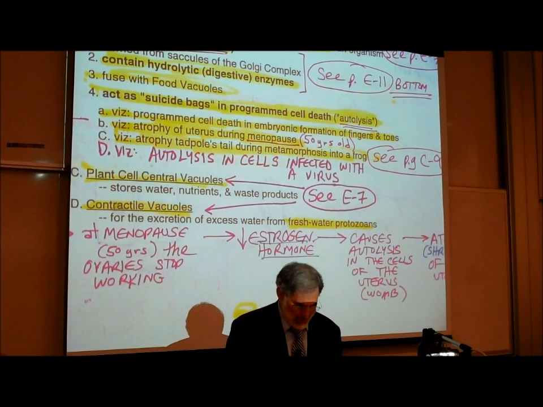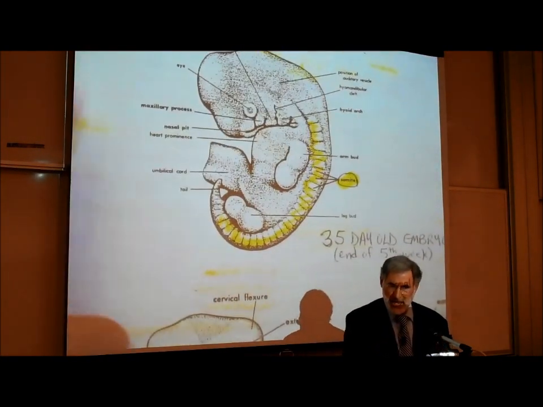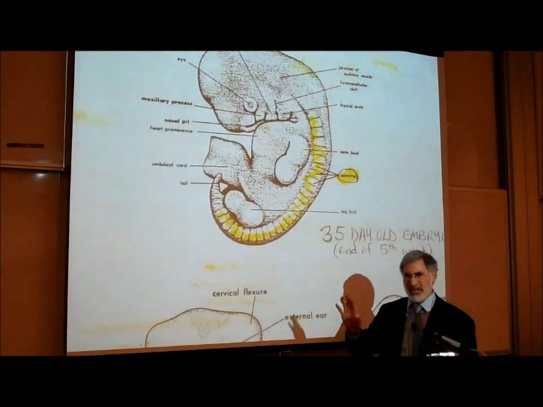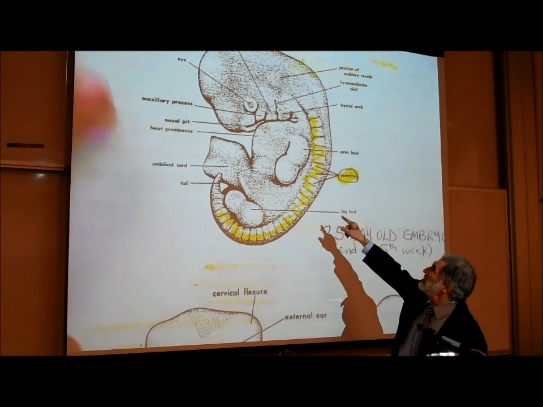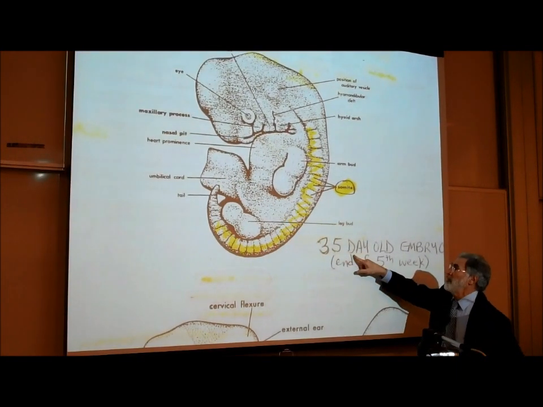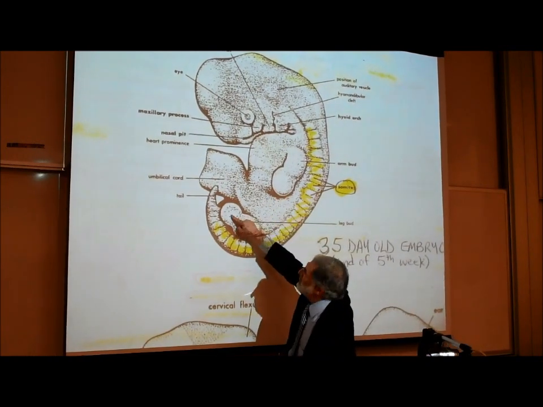So I want to show you a picture. This is a picture of a human embryo that's 5 weeks old. You don't have this picture, but it's okay. All right, so in this picture of a human baby, 35 days old, it's the end of the 5th week, look at its hands and feet.